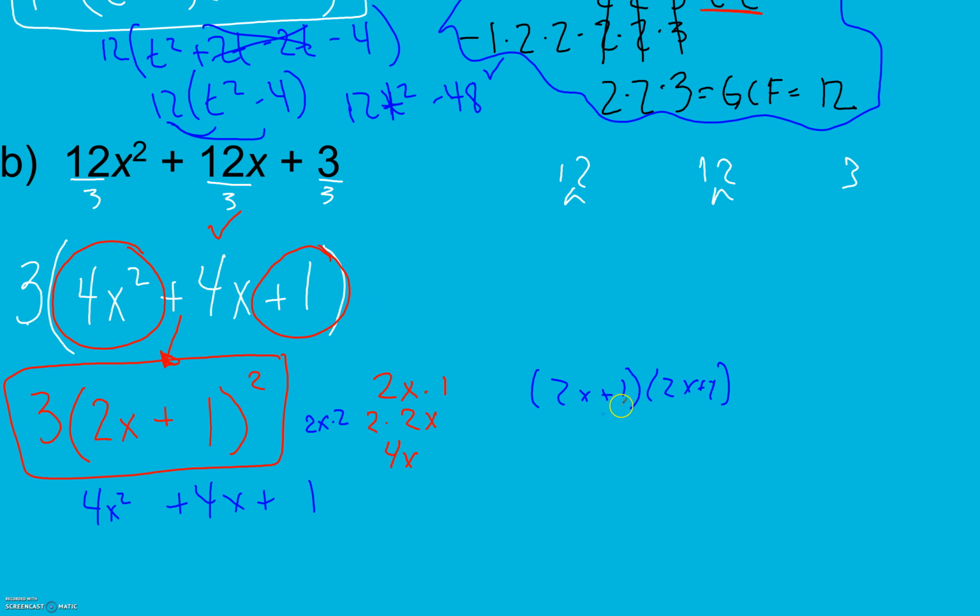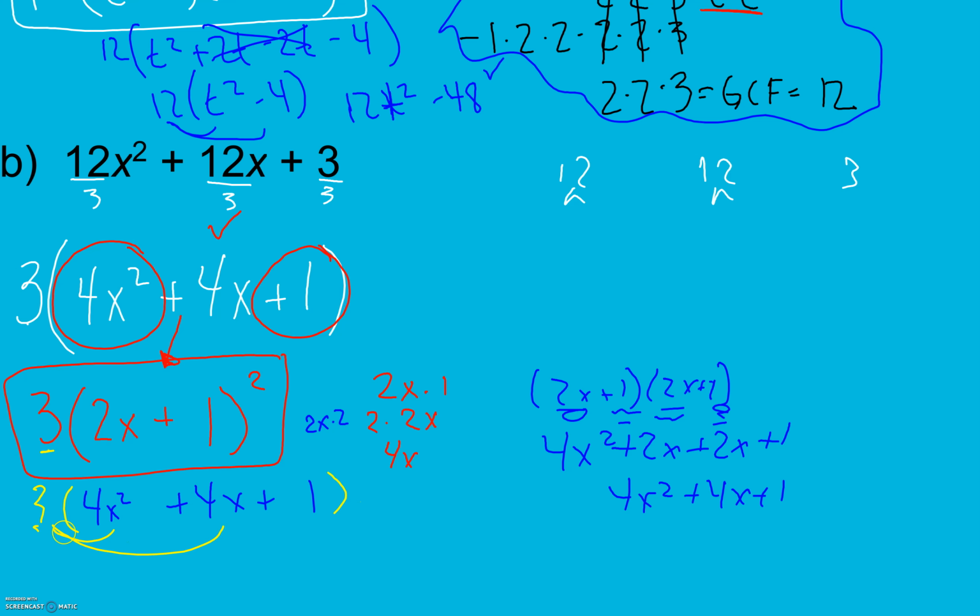Okay, but if you want to FOIL them out just to double check to make sure you had the right pattern, go for it. 4x squared plus 4x plus 1. Now keep in mind we still have this 3 here that we need to distribute in, and these are the same, so I'm only going to do it once. 12x squared plus 12x plus 3.